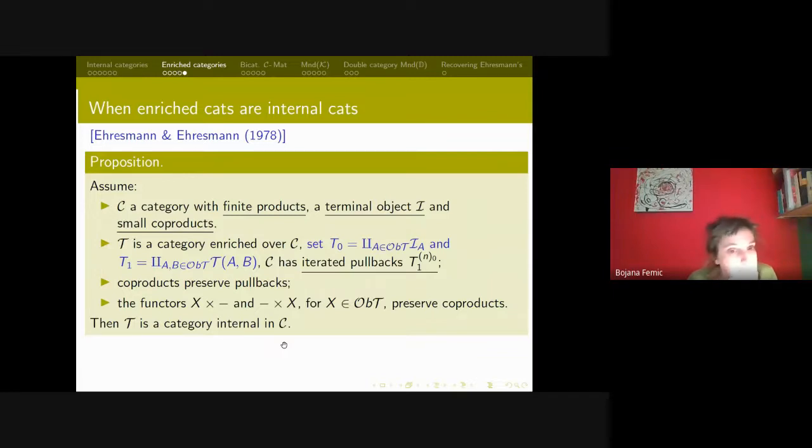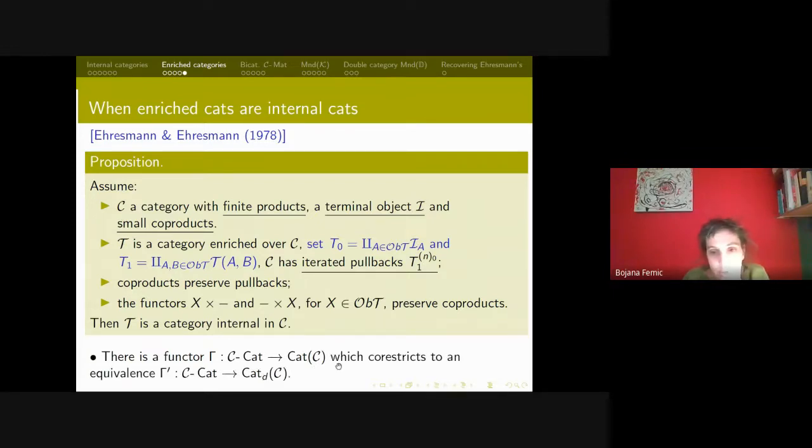Well, on top of this, they prove that not only on the levels of categories, but also on the level of the respective functors, there is the analogous kind of assignment. So they proved actually that there is a functor, they denoted by gamma, from the category C cat, which denotes the category of categories enriched over C, into the category of categories internal in C. So both categories and their functors have this correspondence.